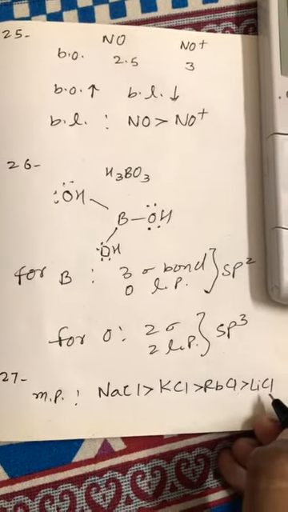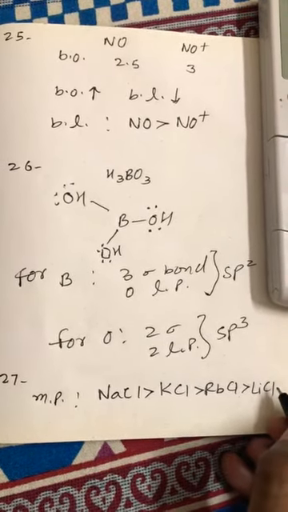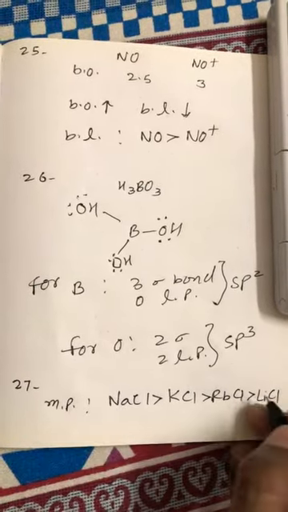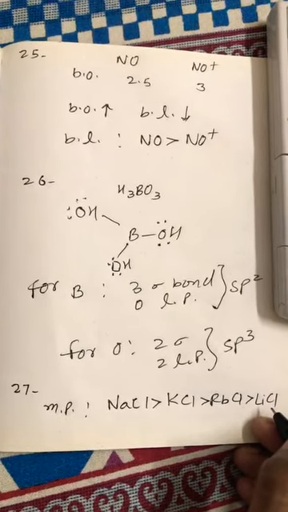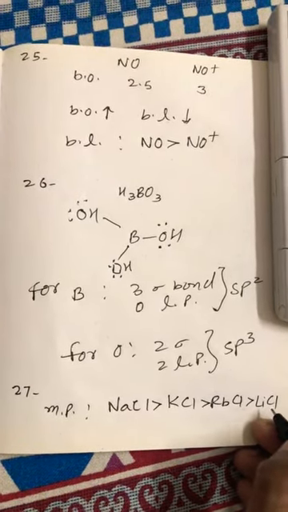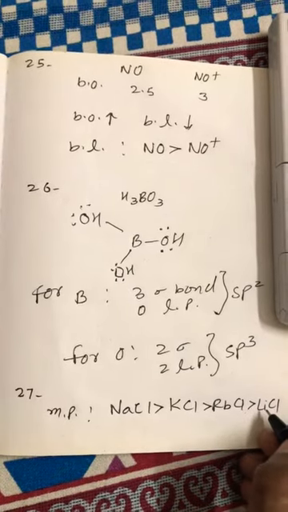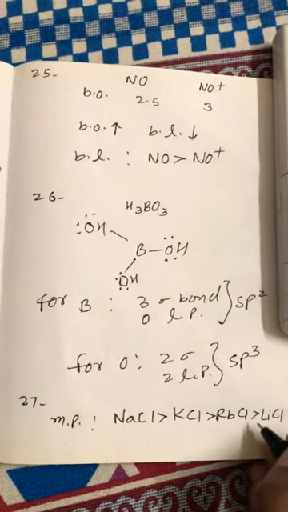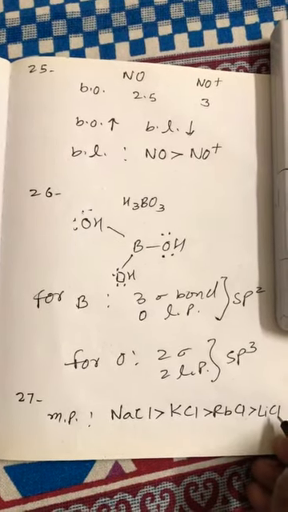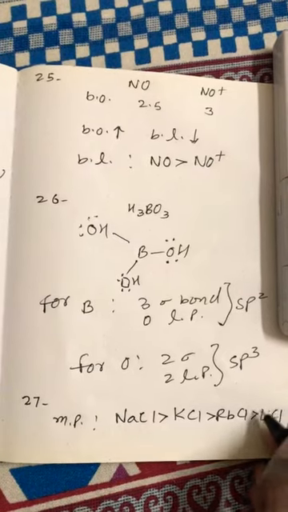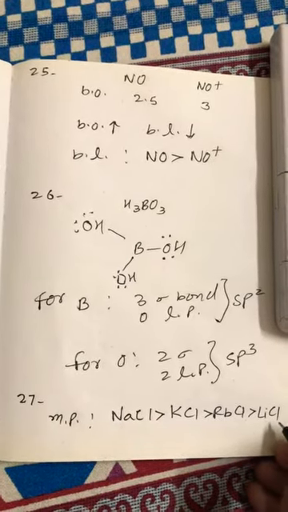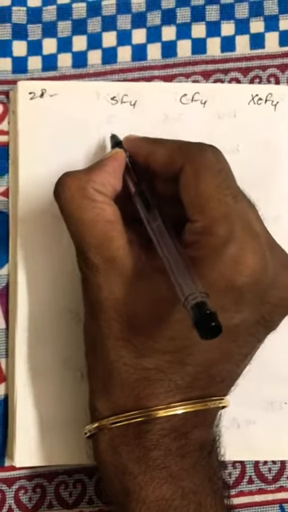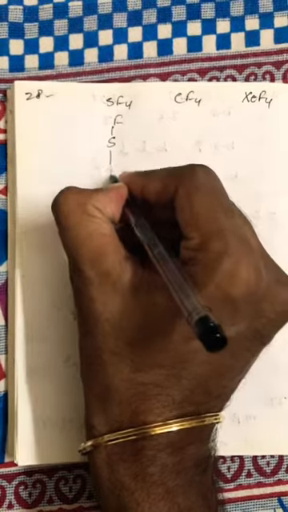Now here the position of LiCl should be there according to lattice energy, but LiCl has greater polarization because of the small size of Li+, and due to that its covalent character increases, and because of the increase in covalent character its ionic character decreases, and we can say melting point decreases.